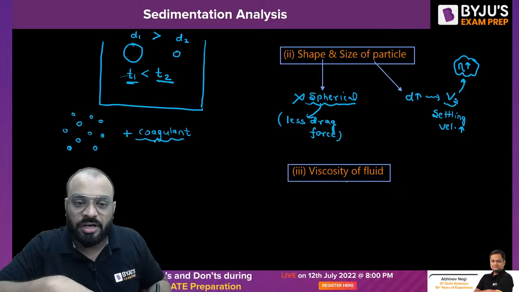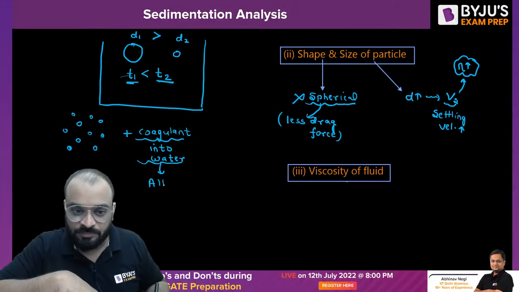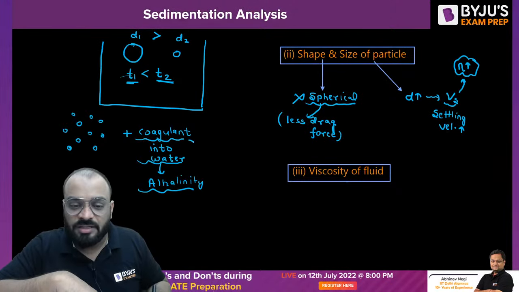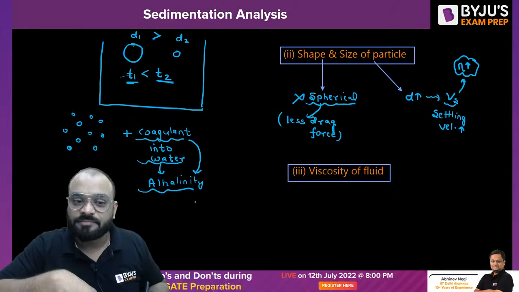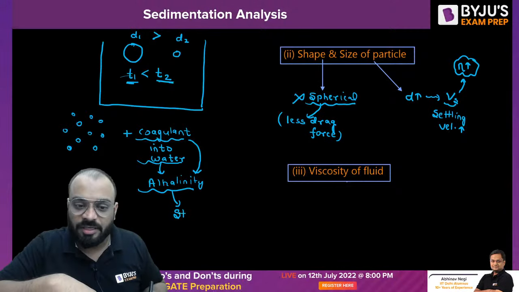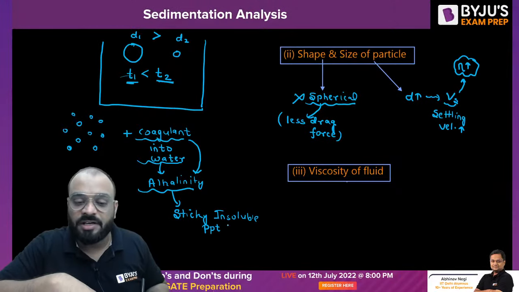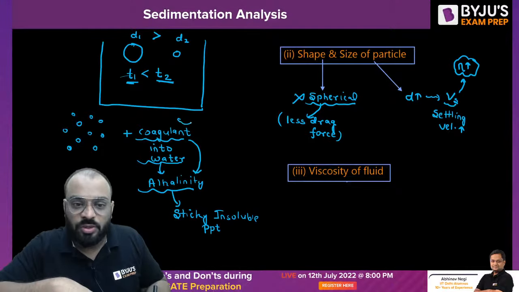Now if you add this coagulant into the water, it tries to react with the alkalinity part. When this coagulant reacts with the alkalinity, ultimately it will give you some gelatinous PPT, that means sticky, insoluble PPT.